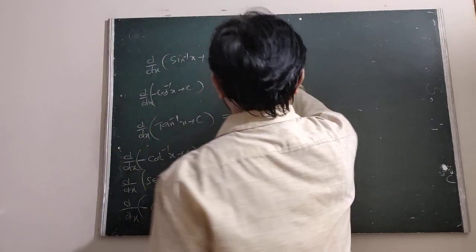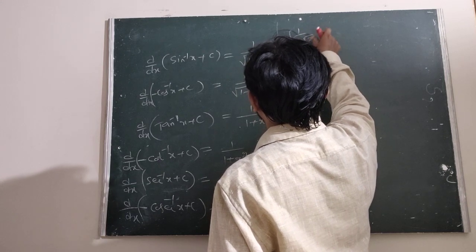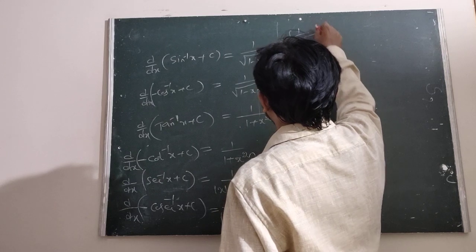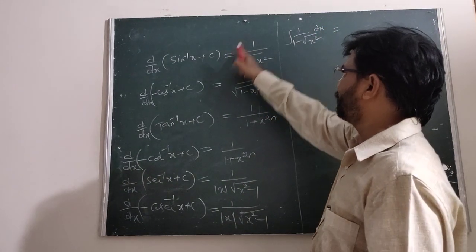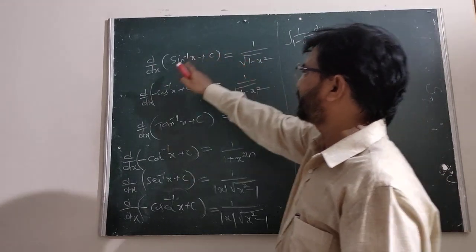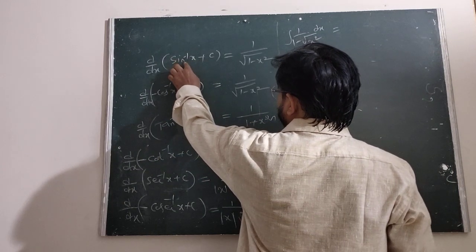We are taking here the integral of 1 by root of 1 minus x square dx. Yes or no? The integral of 1 by root of 1 minus x square is sin inverse x plus c.